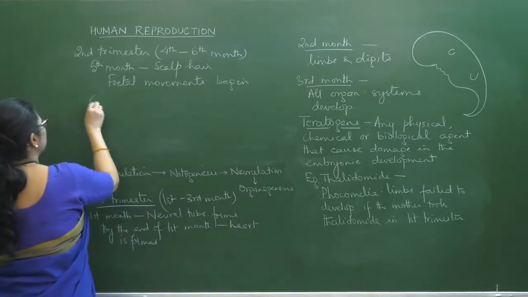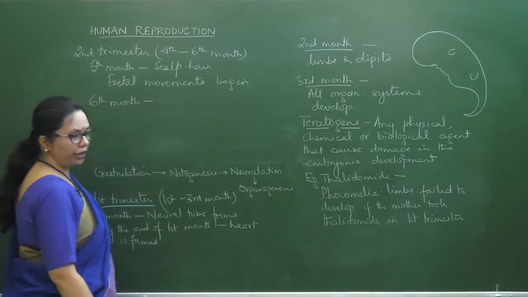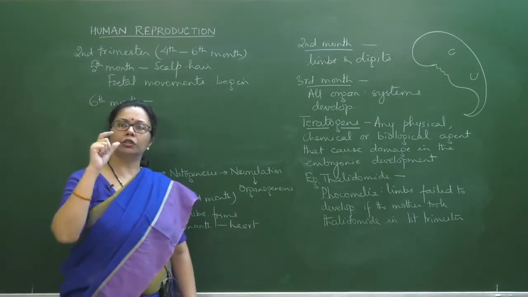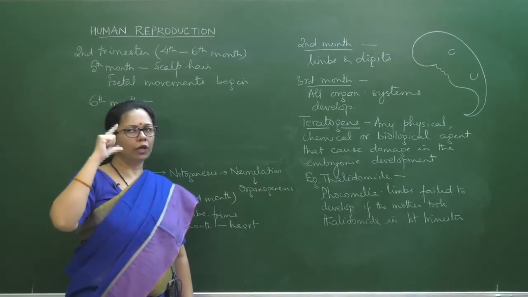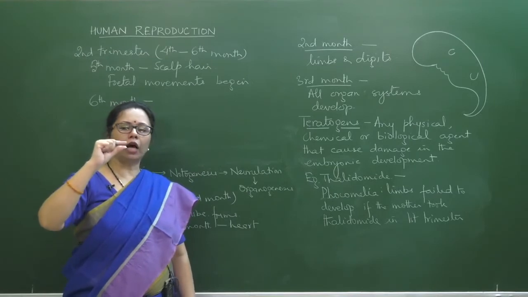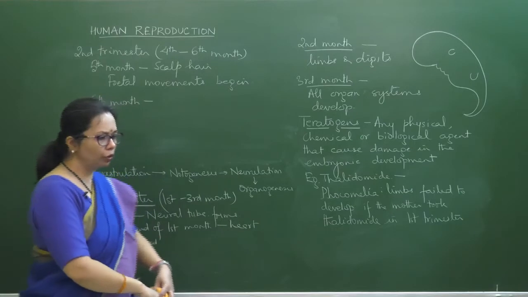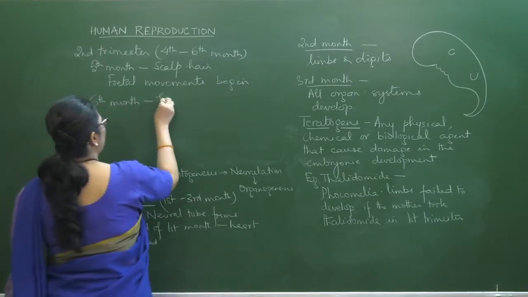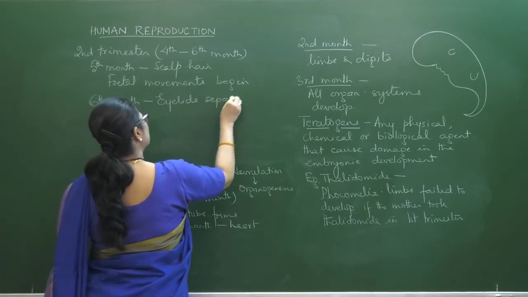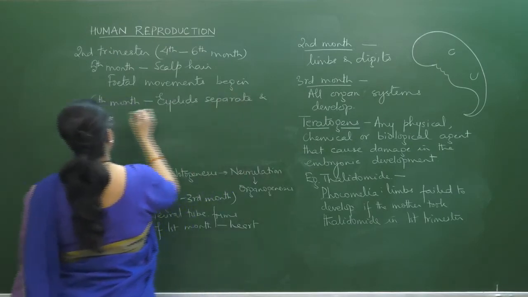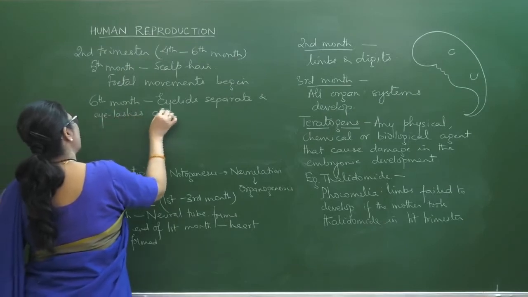And then in the 6th month, the eyelids separate. Initially the upper and the lower eyelids are attached to each other, so the eyes are totally closed, and now the eyelids separate, and on the margin of the eyelids, the eyelashes also appear. Okay, so eyelids separate and eyelashes appear.